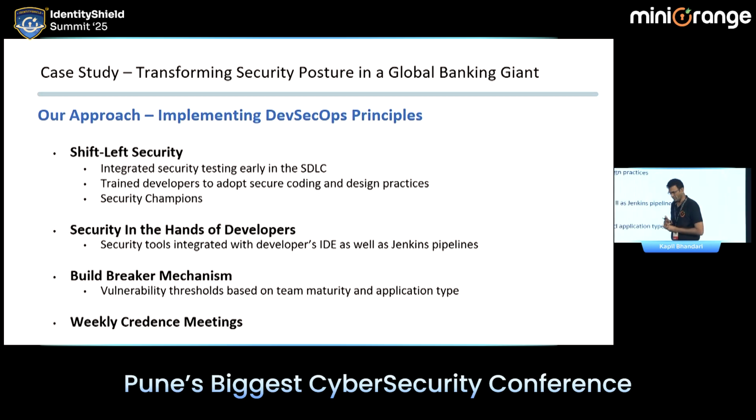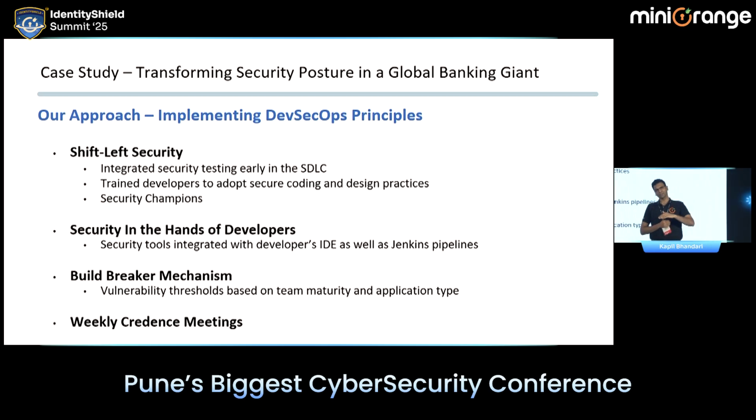That meant integrating the security tools, SCA, SAST, SonarQube code quality analysis, DAST, everything as part of the pipelines. We started building the secure pipelines where we integrated all these tools and plugins.